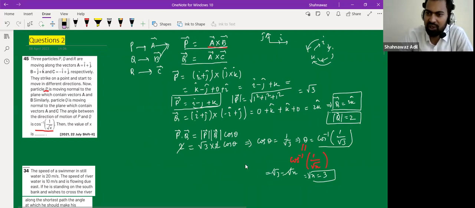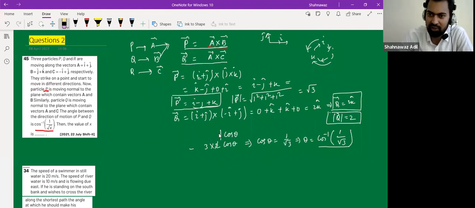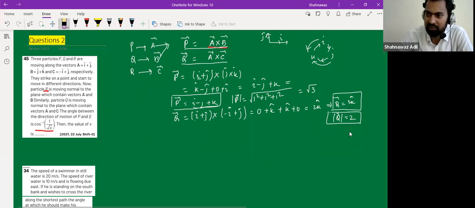Were you guys noting down anything, or do you take a screenshot, or do you just remember? Screenshot. Okay. So tell me if you have not noted down, then I will pause, or if I am moving very fast, then just tell me.